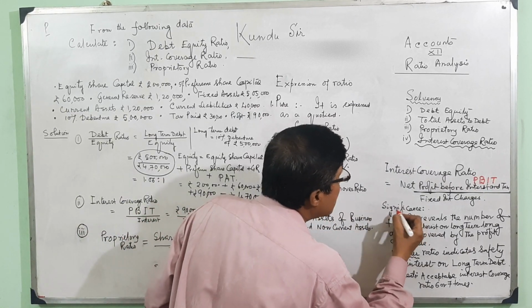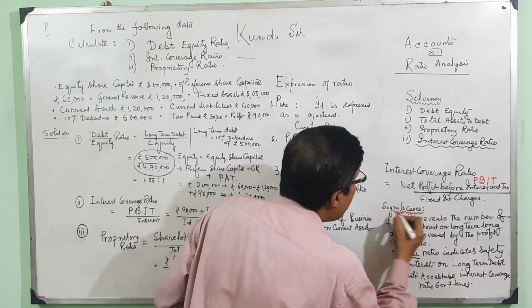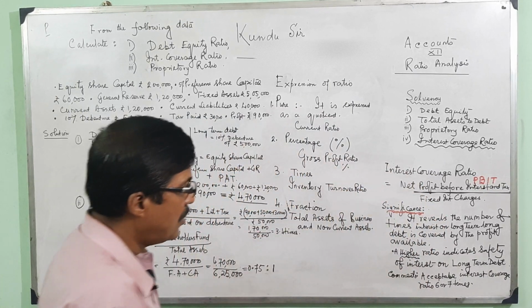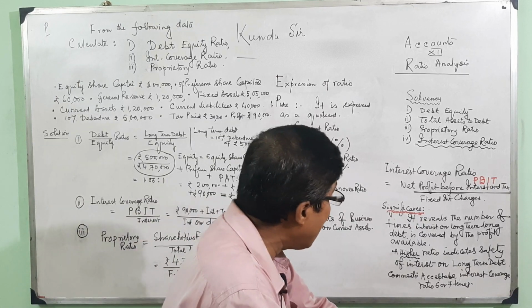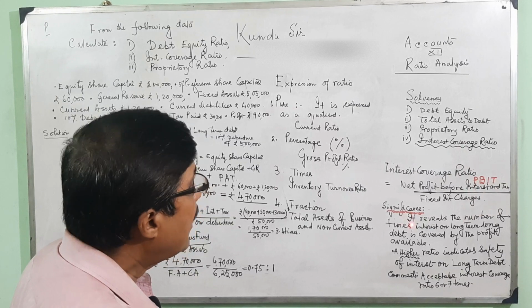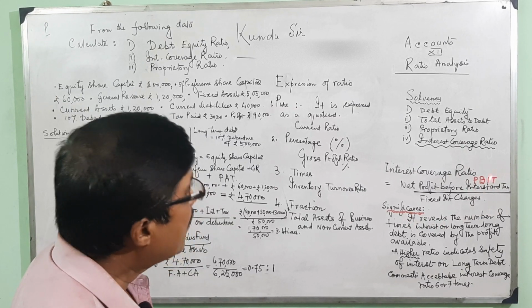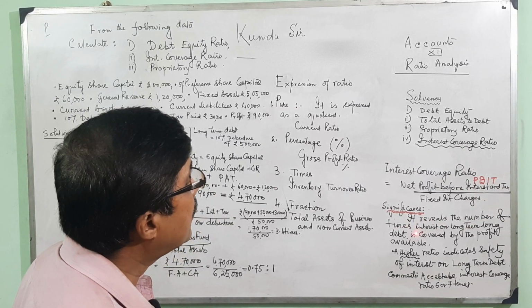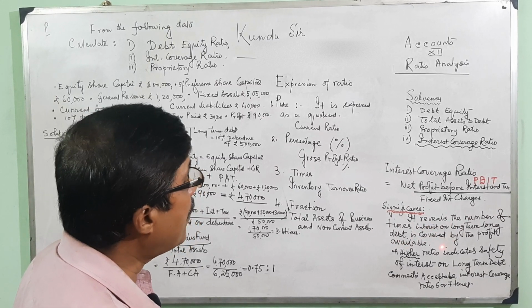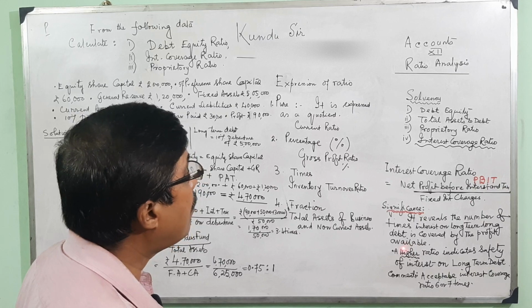The significance of this ratio is that it reveals the number of times interest on long term debt is covered by the profit available.